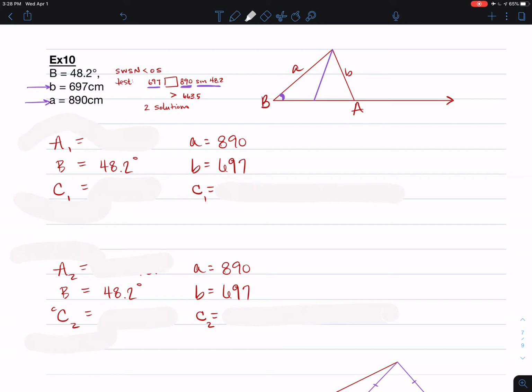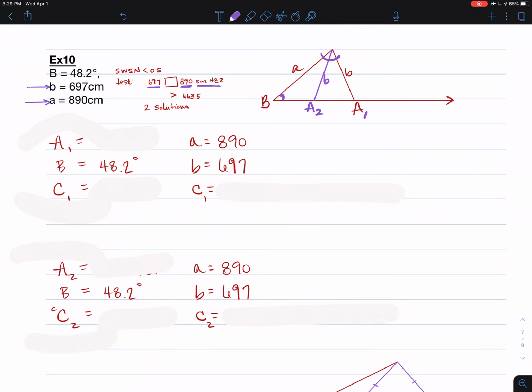Now, notice that my angles are going to be a little different too. If my angle is right here, I'm going to call this angle A1, and you'll notice that it is an acute angle. But if my angle is right here, notice that it's obtuse. I'm going to call that one A2. I'm going to call this side side B, because both of them are side B. That length is unchanging. It was given to me.